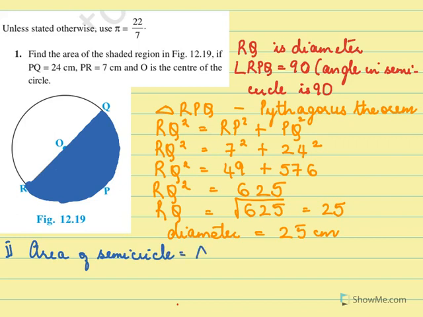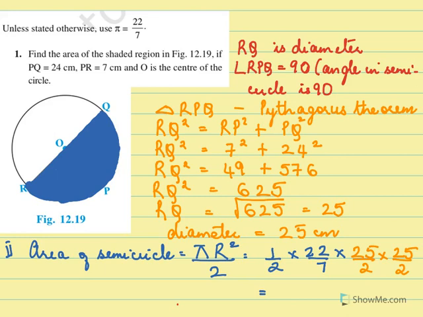So it will be pi r square, which is full circle, divided by 2. So 1 by 2. We know the pi is 22 by 7 and the radius will be 25 by 2 because we know our diameter is 25, so radius will be 25 by 2, r square, 25 by 2. So this will be the area of the semicircle.